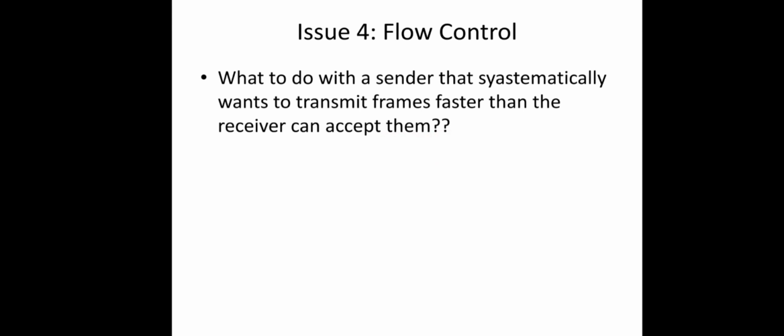If there is a mismatch between the sender and the receiver, and the sender is trying to overwhelm the receiver with a sequence of frames, this can happen in different cases, like if the sender is running on a lightly loaded machine whereas the receiver is running on a heavily loaded machine, or if the sender is running on a high computing power machine whereas the receiver is running on a low computing power machine. So the sender keeps pumping frames out at a higher rate than the receiver can handle.